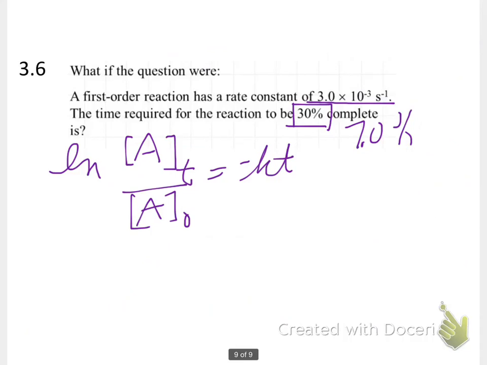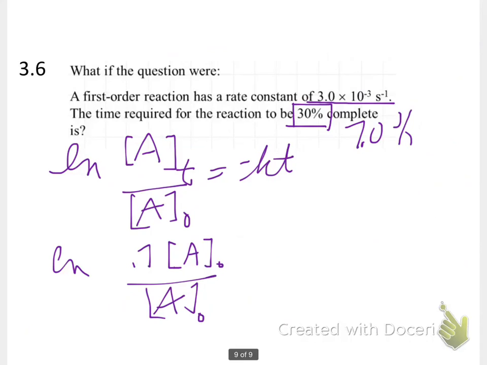So I could say the log of 0.7 times A naught over A naught is equal to minus kt. Now my A naughts cancel out, and I get the log of 0.7 equals minus kt.